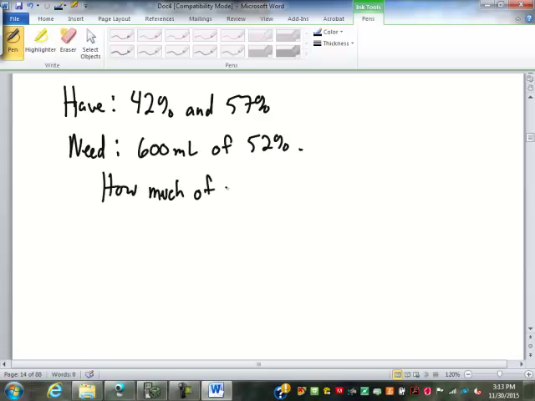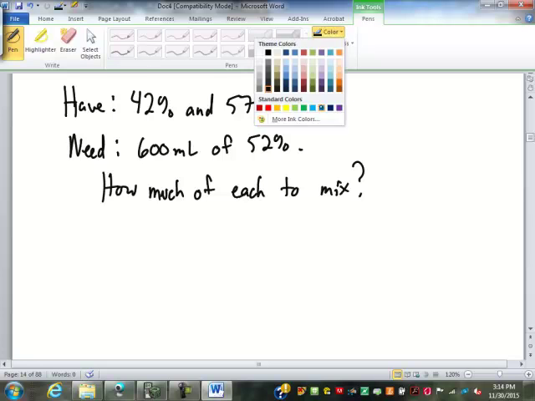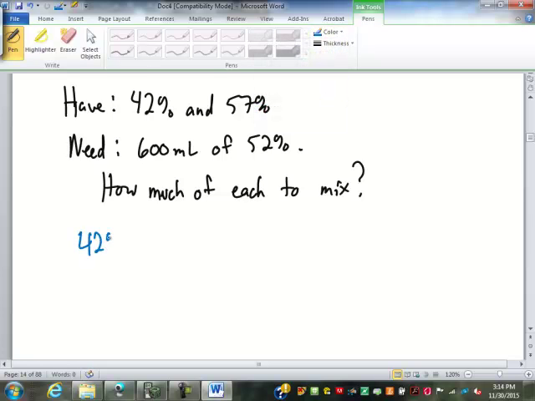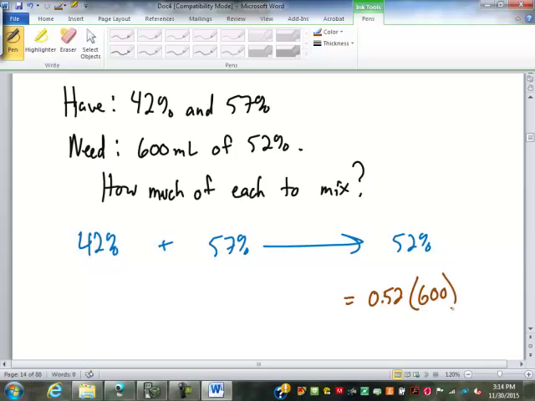How much of each do we need to mix? So here we have 42% and 57% that we are combining to make 52%. But here's the catch. We know the 52% is 600 milliliters. We know the volume over here. In all of our other problems, we've added together the other two volumes to get that one.